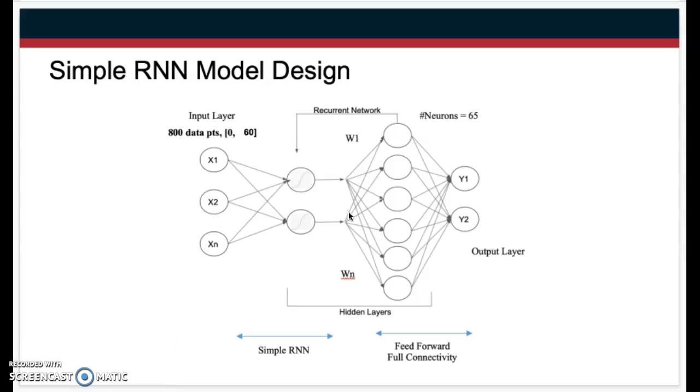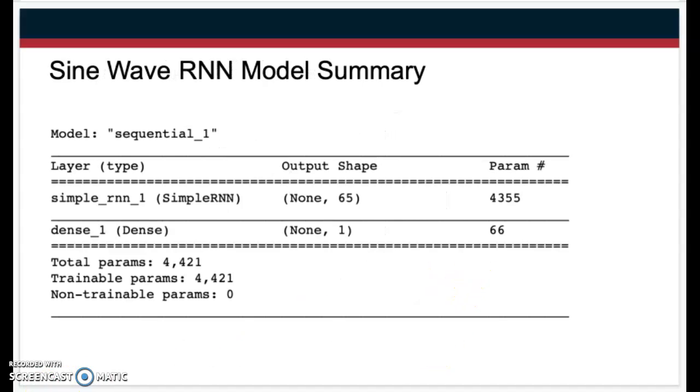The number of epochs used in this model to train the sine wave function was 15, and as each epoch is trained, or one learning cycle is gone through and trained in the model, a certain amount of loss is calculated and then reduced for the next epoch. And at the end, we have our fully connected feed-forward layer that gives us an output layer prediction.